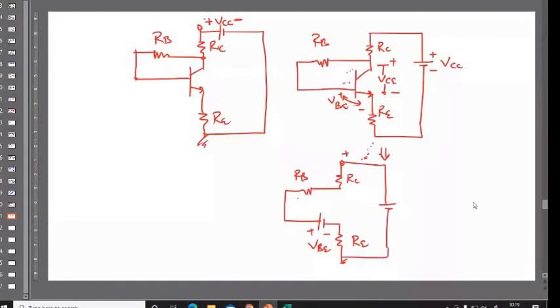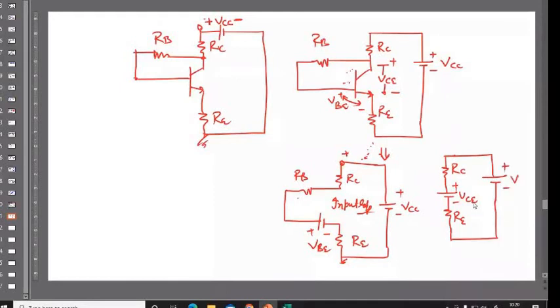This is the input loop, and I can make the output loop as well. Do you feel any problem in this? No, sir. This is the output loop, this is the input loop.